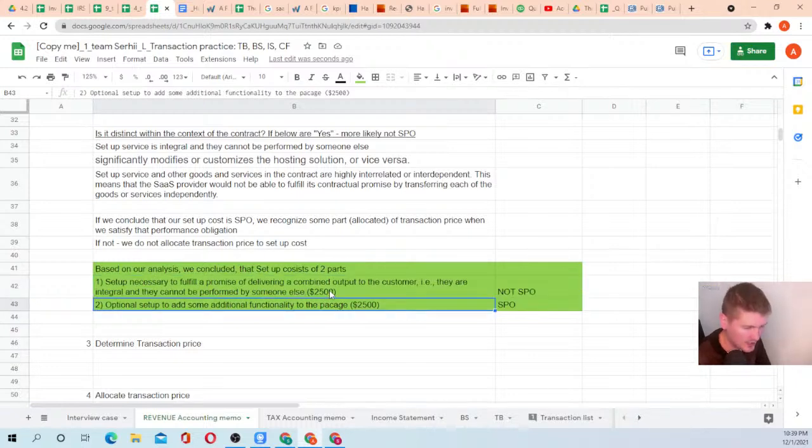And the other one is just some add-on services which add additional functionality to the package, and we can live without that functionality, and that's also sold separately. So we concluded that we have one separate performance obligation, and one part of that is not SPO.